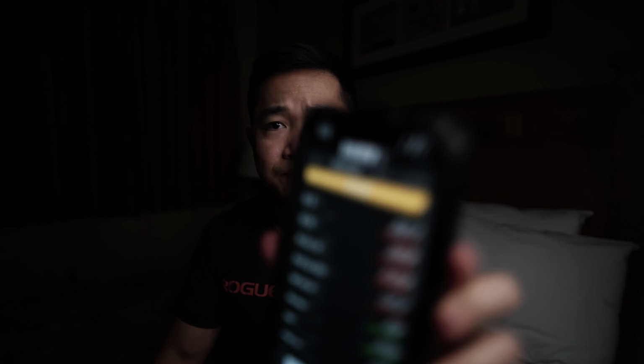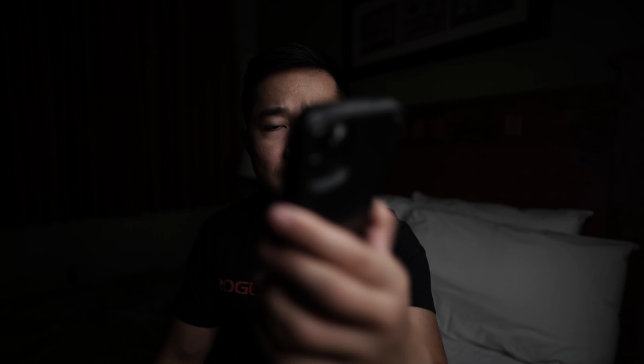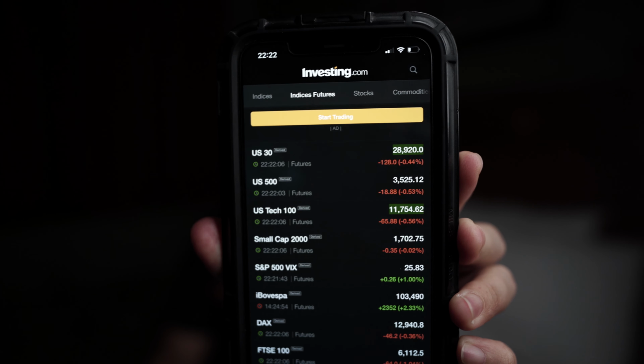I use this to read the latest news, the popular news, the cryptocurrency, and most importantly, I watch the indices right there, and most important after hours is the future indices. So that's number one, Investing.com. That's one of the first apps that I use.